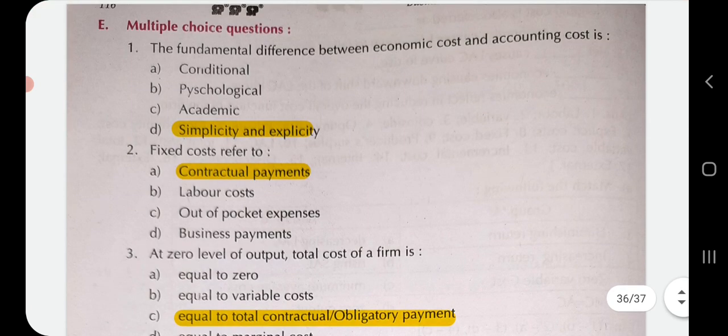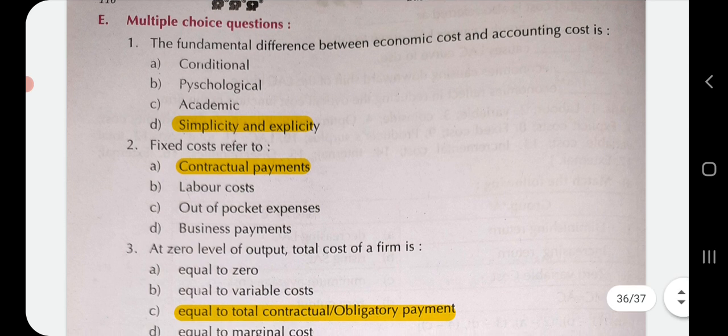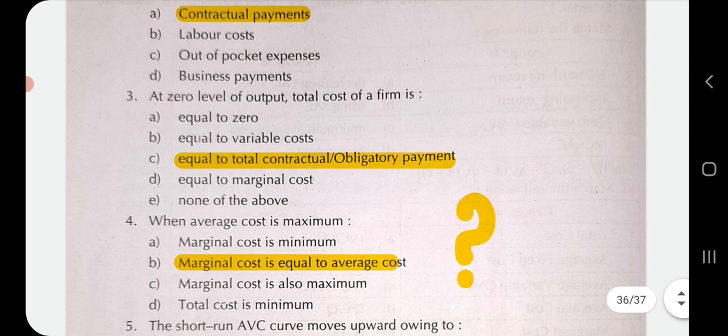And the second question, fixed costs refer to dash dash, and the correct answer is A, contractual payment. Third question is about, at zero level of output, total cost of firm is dash dash, and the correct answer is total cost of firm is equal to contractual payment.